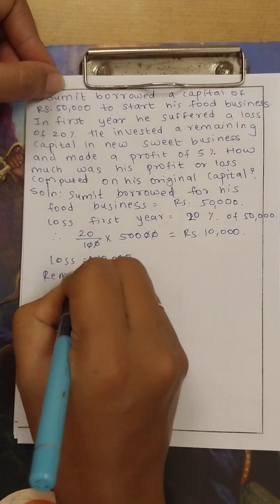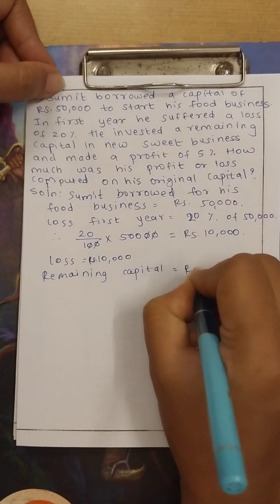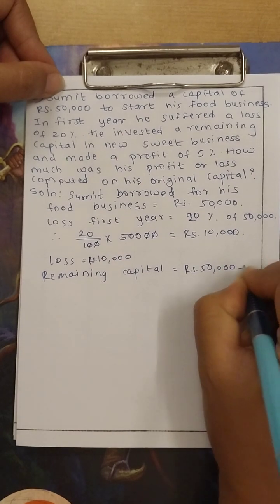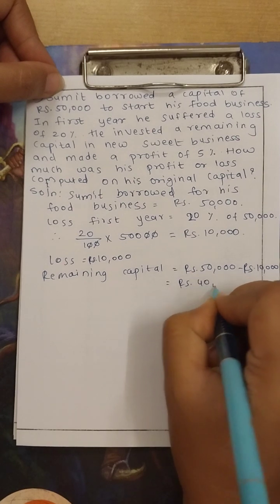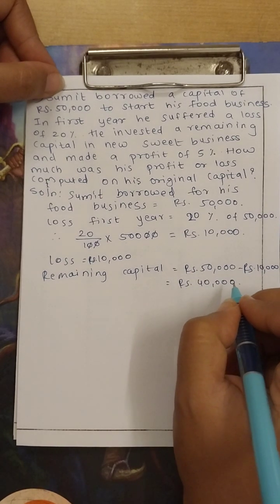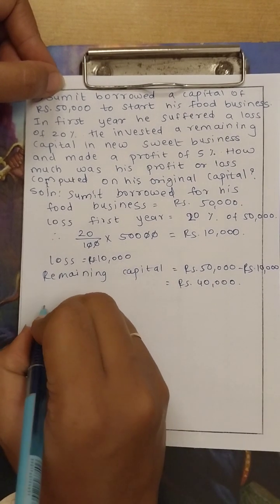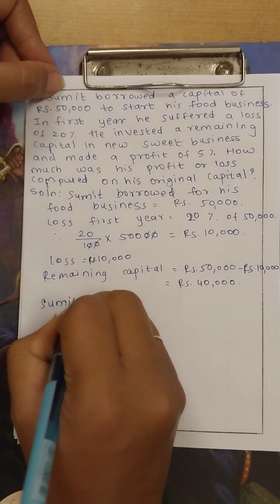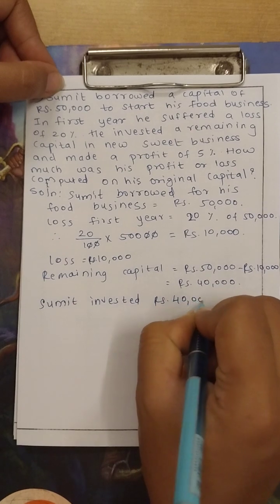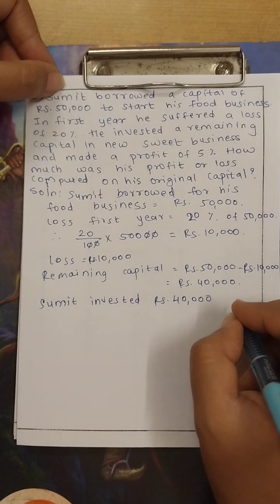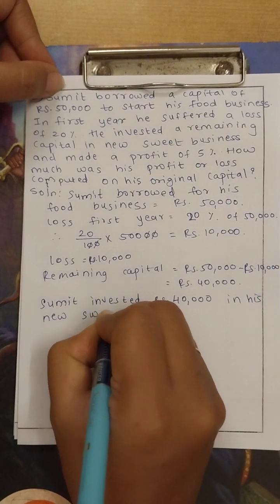Remaining money, or remaining capital, we can use the word capital also, is equal to rupees 50,000 minus rupees 10,000, which is equal to rupees 40,000. So he invested rupees 40,000 in which business? New sweet business. Sumit invested rupees 40,000 in his new sweet business.